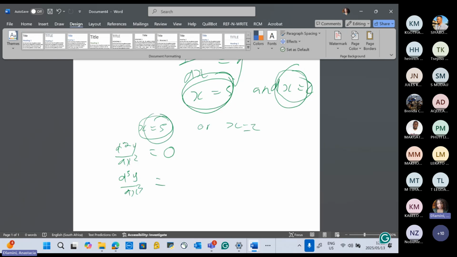We substitute 5 again, and we keep going until we get a value for x equals 5. Once we get a value, then we can say maximum or minimum. Then you go up and substitute into the original, but you will use 5 instead of this. Okay.